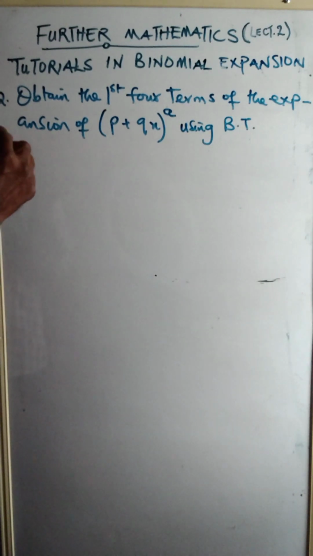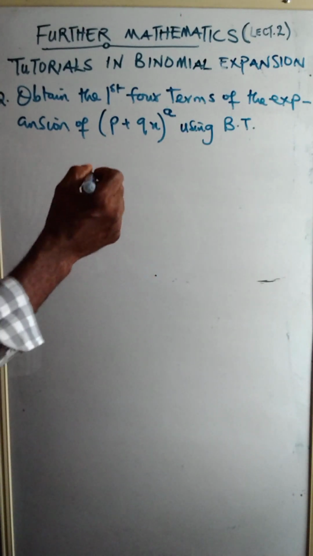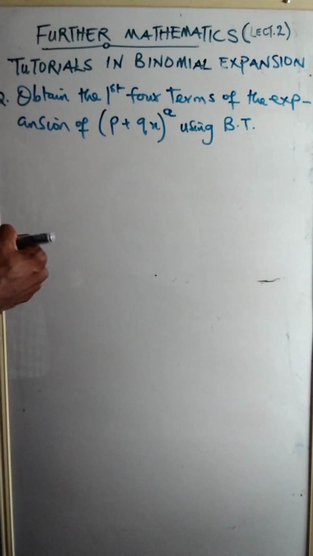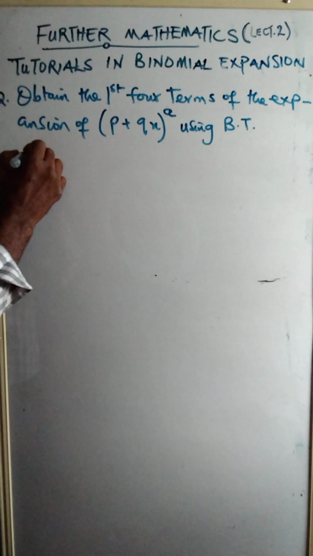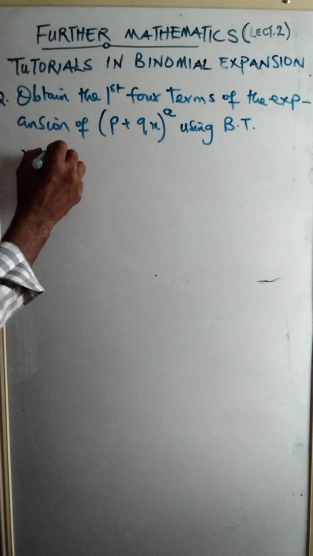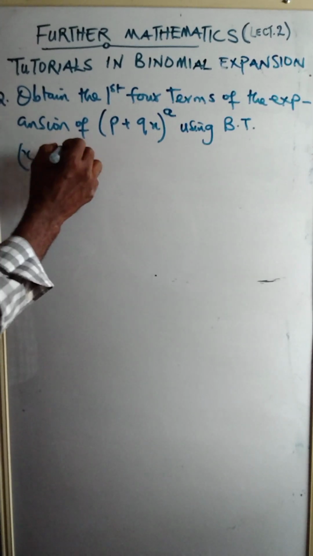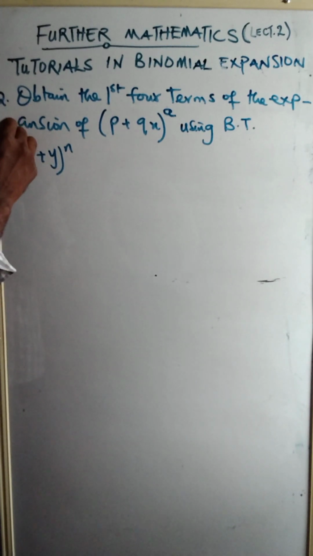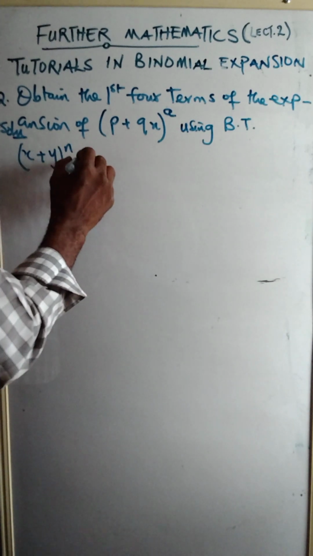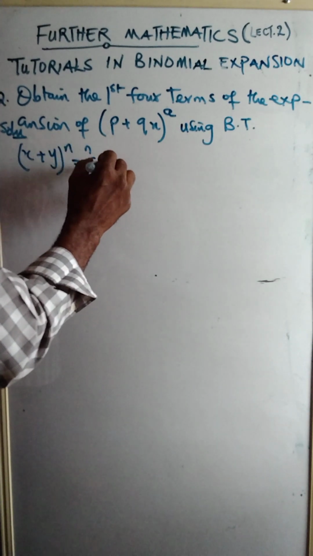By now we are used to the general expression for binomial theorem, and what it says is that if you have x plus y, everything raised to power n, this is the solution. The expansion will take the form like this.